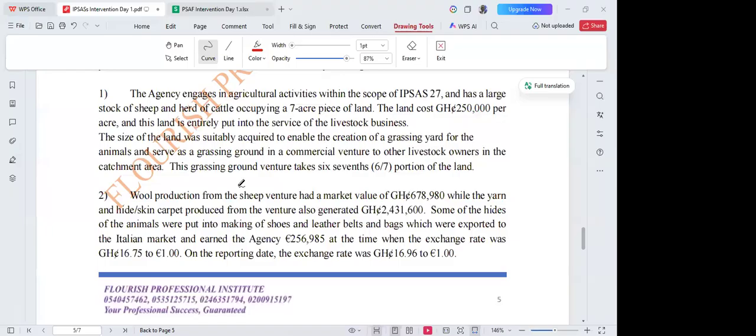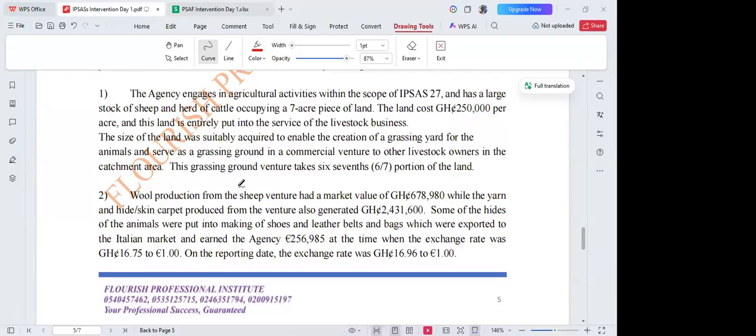The agency engages in agricultural activities within the scope of IPSAS 27 and has a large stock of sheep and herd of cattle occupying a 7-acre piece of land. The land costs 250 Ghana cedis per acre, and this land is entirely put into the service of the livestock business.